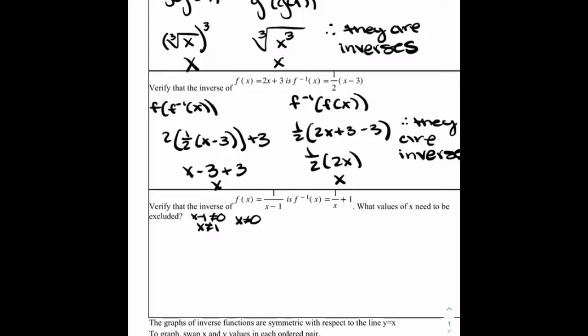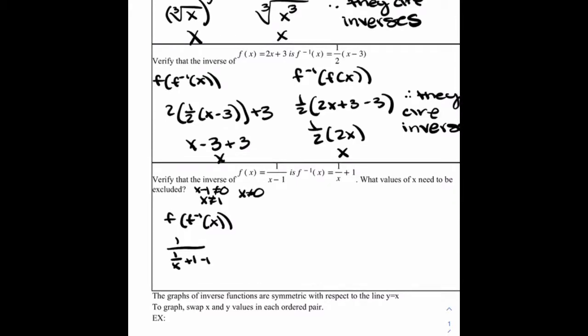So those are excluded values. All right, so let's try f of f inverse of x first. We should get 1 over 1 over x plus 1, and then minus 1. The plus 1 minus 1 cancels, so we get 1 over 1 over x, which just equals x.